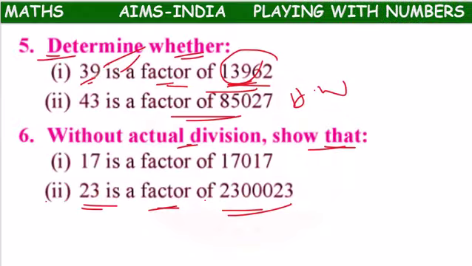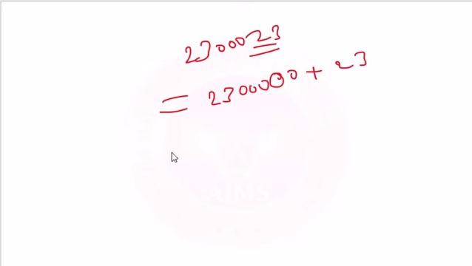This number can be written as 23 0 0 0 0 0, and in the place of 23 we take two zeros, plus 23. So after 23, 1, 2, 3, 4, 5 zeros are there.